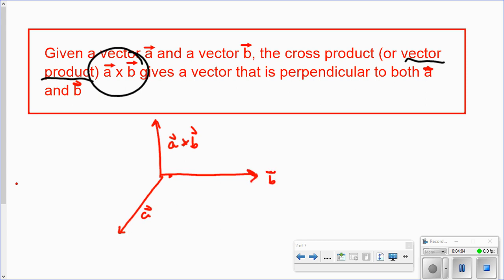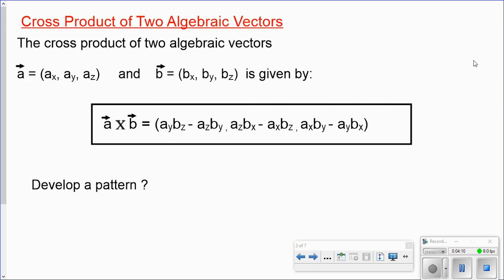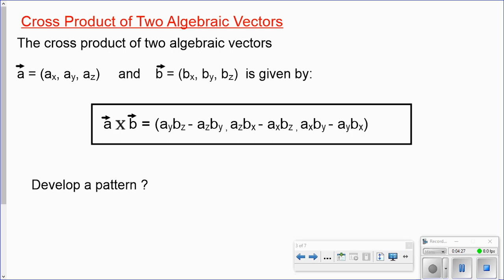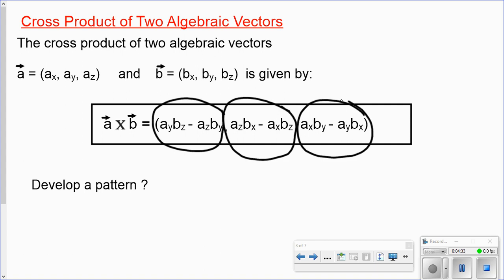Okay, as you might begin to wonder, this is found using a pretty complicated formula, if you like. If I have two vectors, A and B, given in components, I have to find another vector when I take the cross product, and it generates quite a formula. This is my x component, this is my y component, and this is my z component.